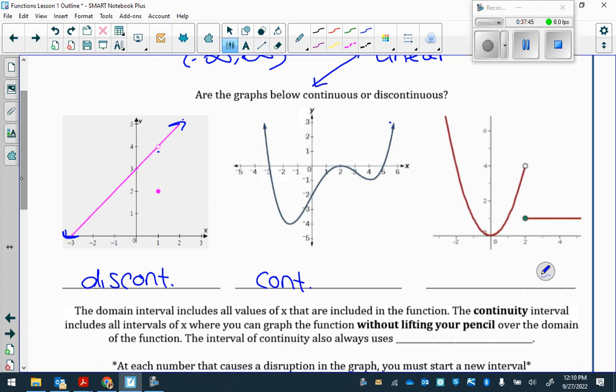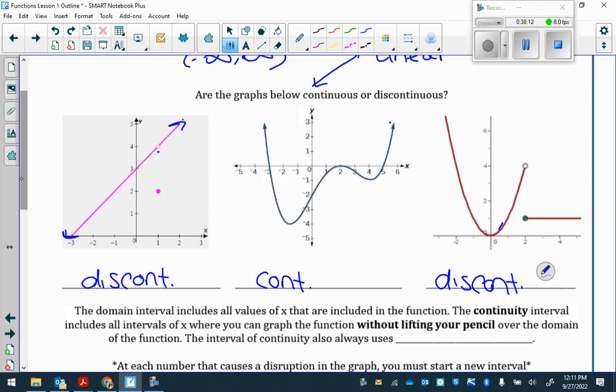Discontinuous means if you look at this last graph here, you have to pick up your pencil to move it again. So here, if I'm following, I have a hole and a break. So that means I have to pick up my pencil and move it in order to continue. So here is also discontinuous.